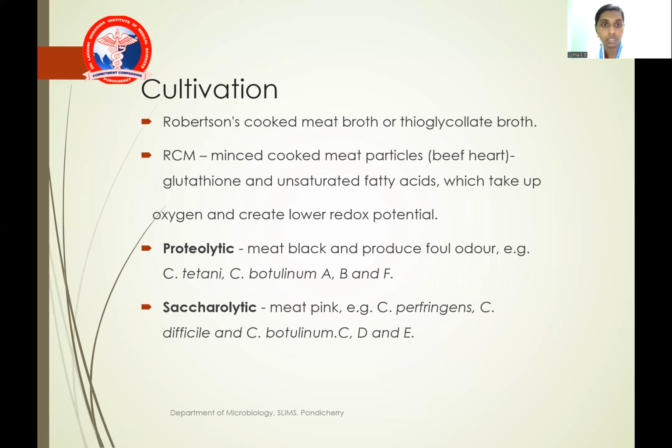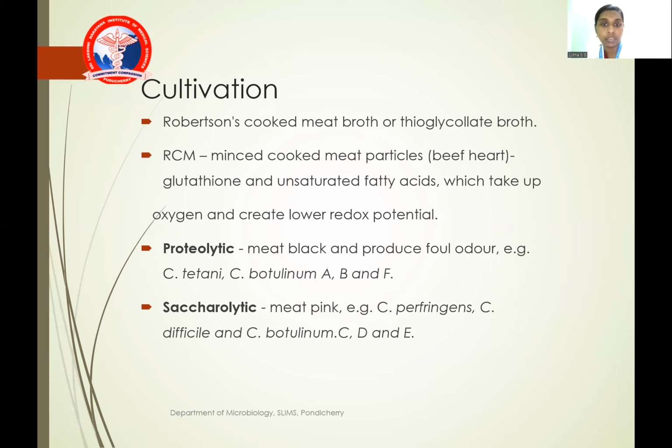This Robertson's cooked meat broth contains minced cooked meat particles from the beef heart. So this will contain glutathione and unsaturated fatty acids. Both these are substances which take up oxygen and create a lower redox potential, thus maintaining the anaerobiosis. Okay, so this is how RCM is maintained as an anaerobic medium.